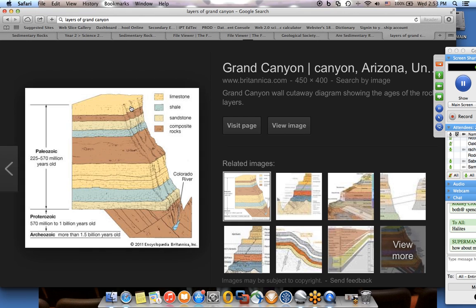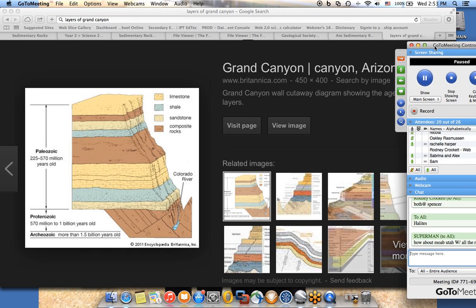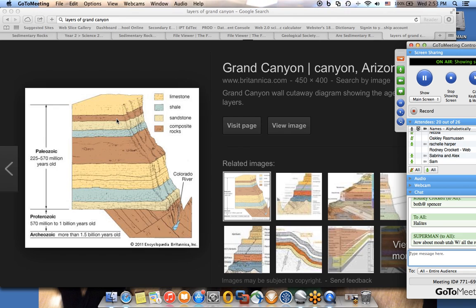So on the top of the Grand Canyon, we have limestone. What was limestone? What was limestone formed from? What type of sedimentary rock was limestone?